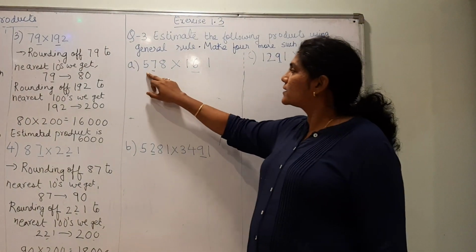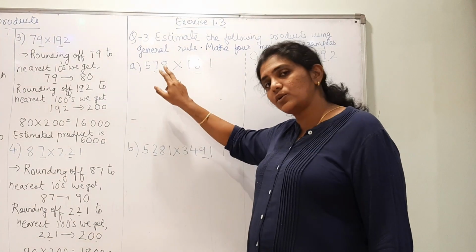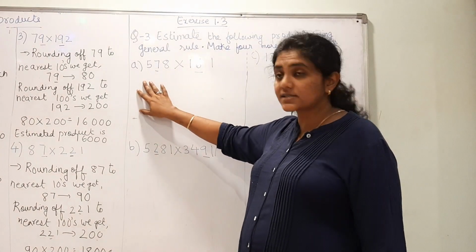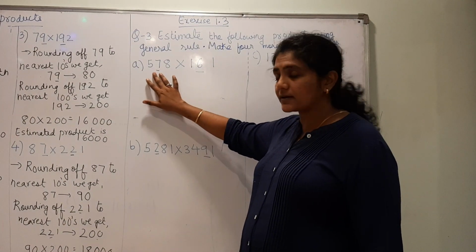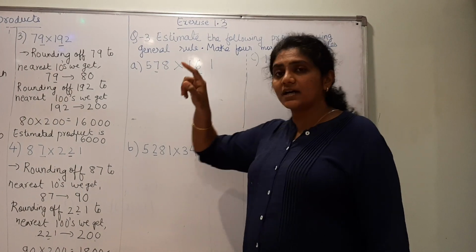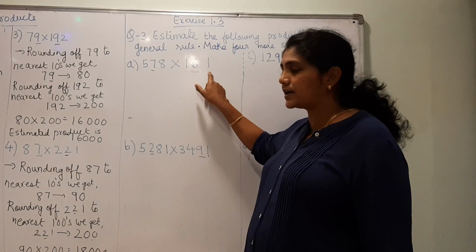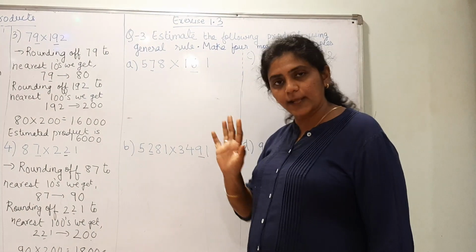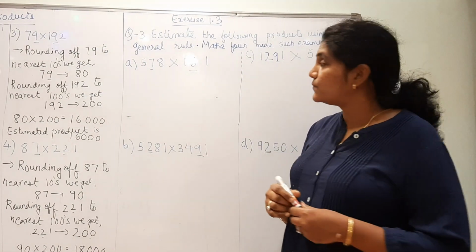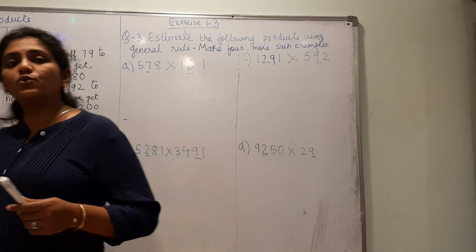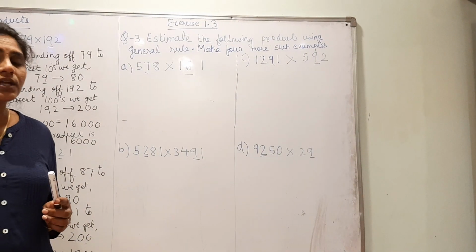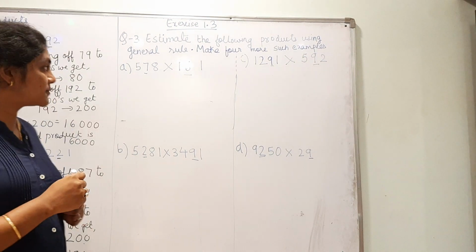You can round off 578 to the nearest hundreds. This will be 600. 161, if you round off to the nearest hundred, this will be 200, and then multiply it. This is the answer.